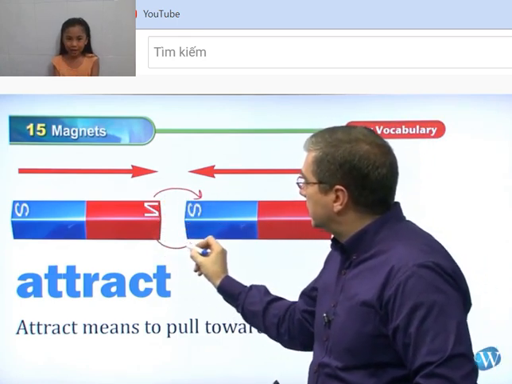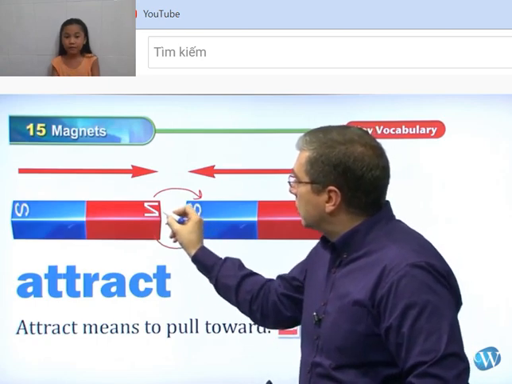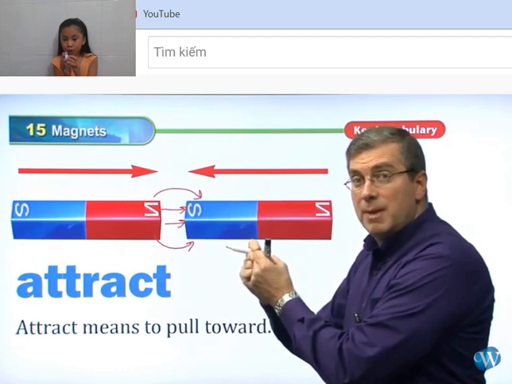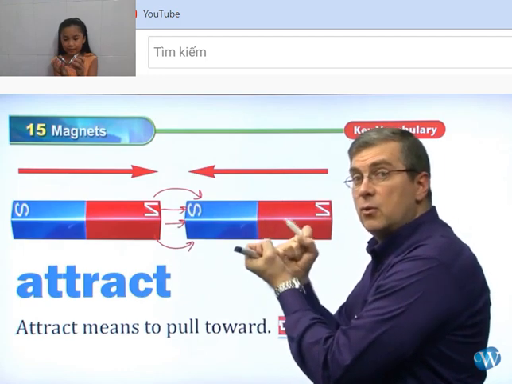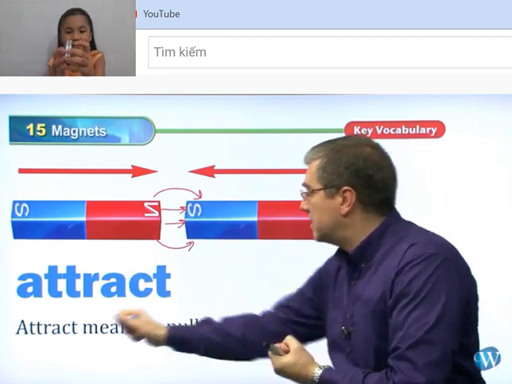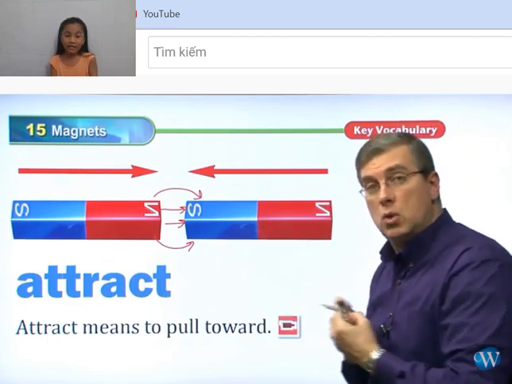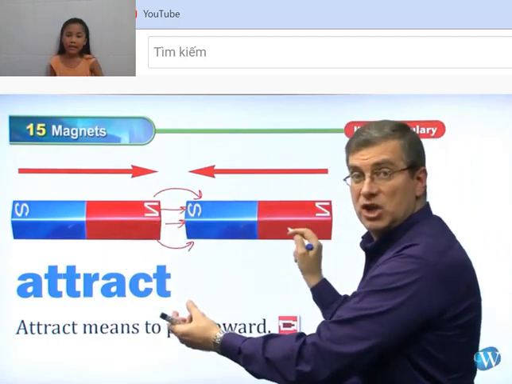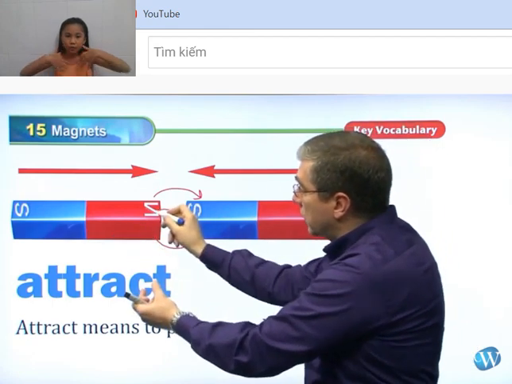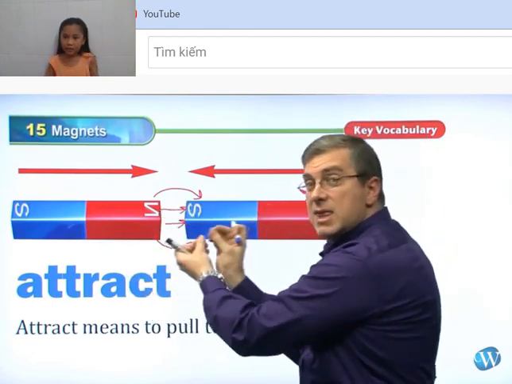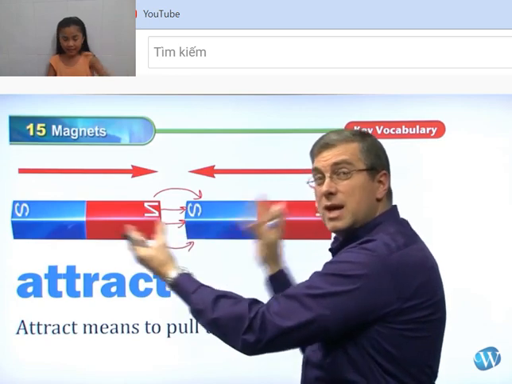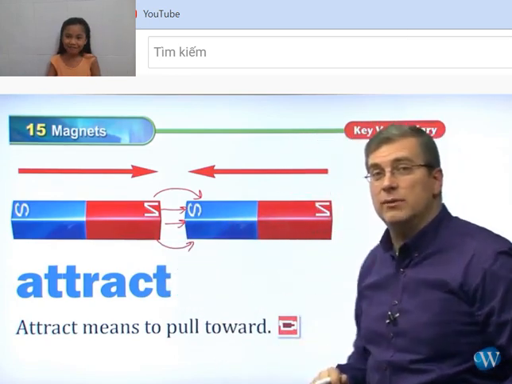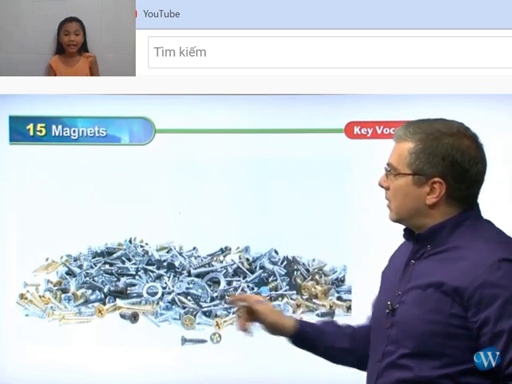Attract means to pull something toward you. It's making a force to pull something together, to pull something over there. It's like saying, hey, go over there. So it's attract.